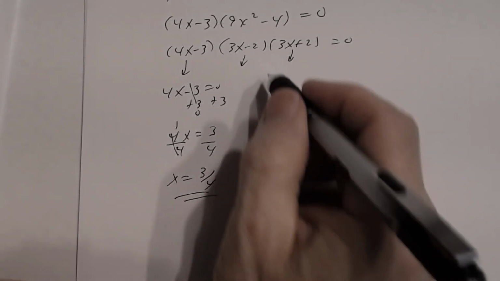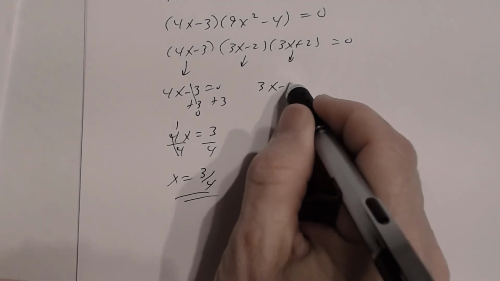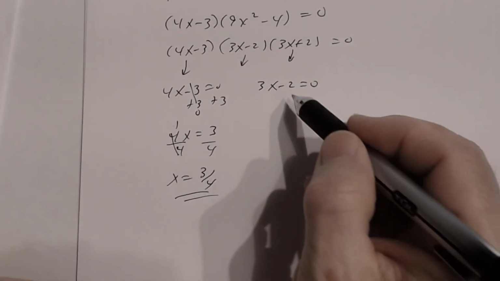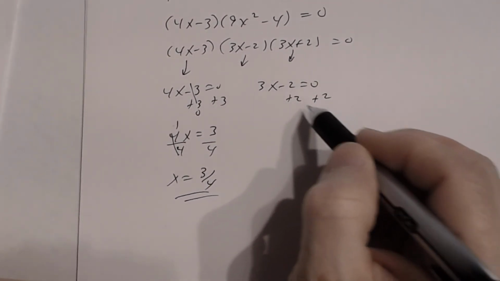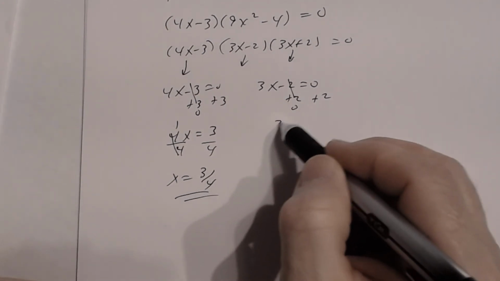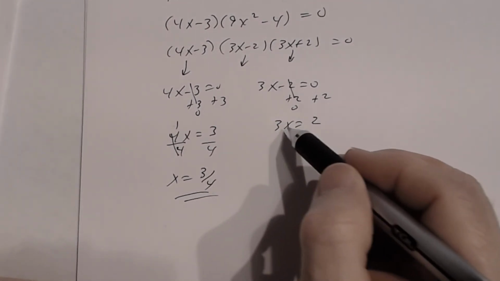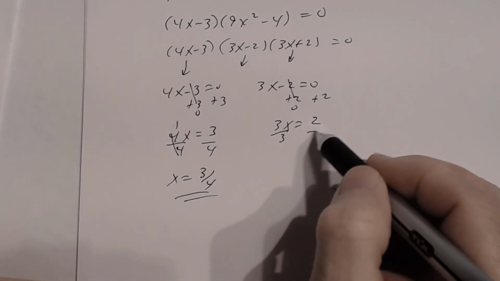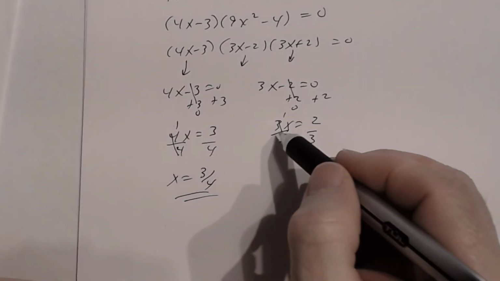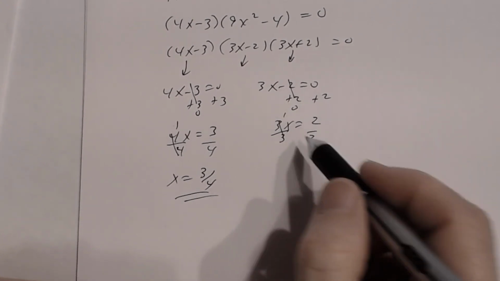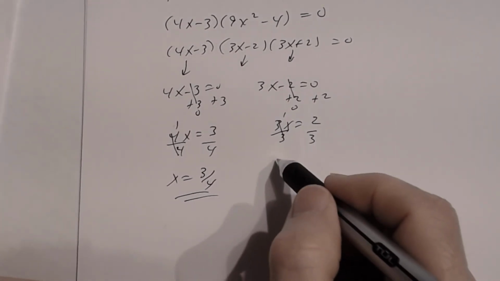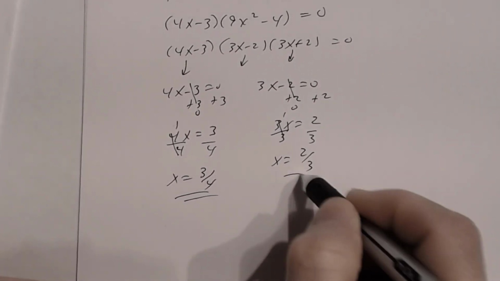That's one of them. Over here, 3x minus 2 equals 0. So adding 2 to both sides, and then combine like terms, I get 3x equal 2. To get x by itself, right now multiplying by 3, the opposite is to divide by 3. So remember, you got to divide both sides. But you do one side, you do the other. And so 1 times x is x, and then that's 2/3.